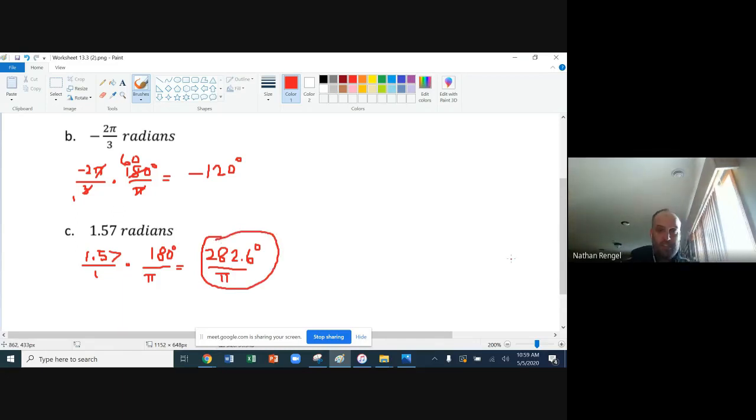Not the prettiest degree measure, but that would be our situation. Now, 1.57 we did above there, that was pi over 4. So really this is going to be about 45 degrees is what this one would actually be. But since 1.57 was there, that's what we're going to use. So that would be our final answer.